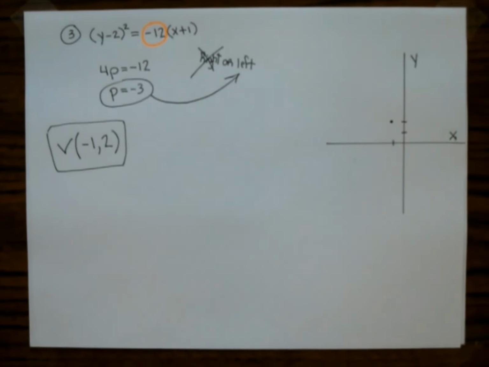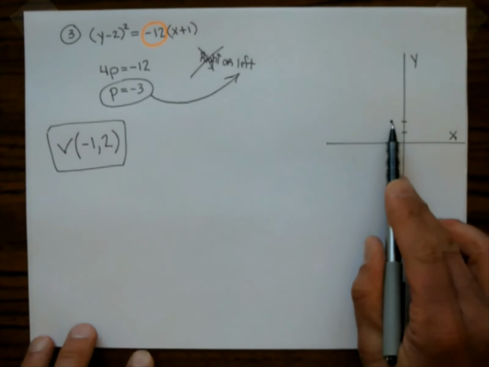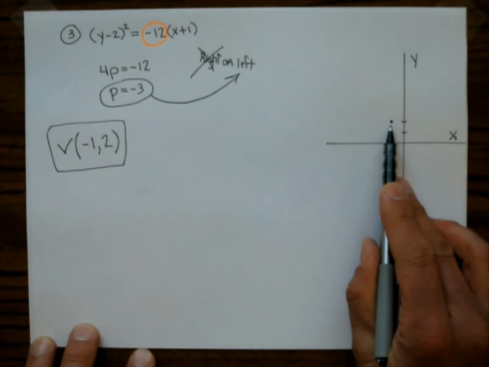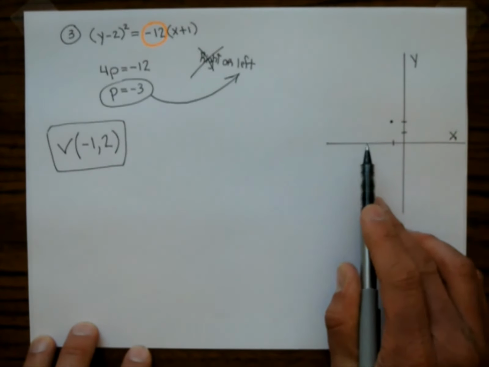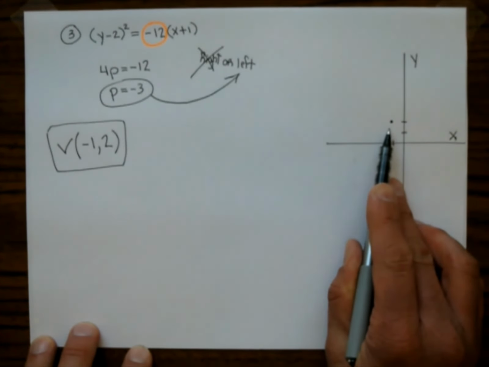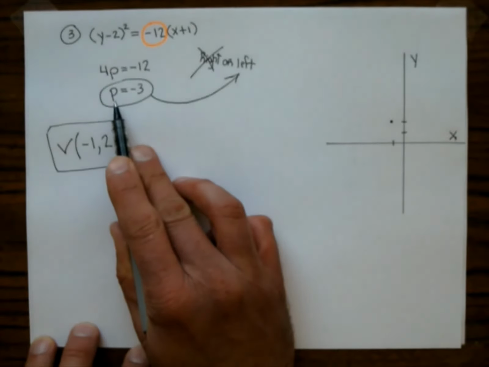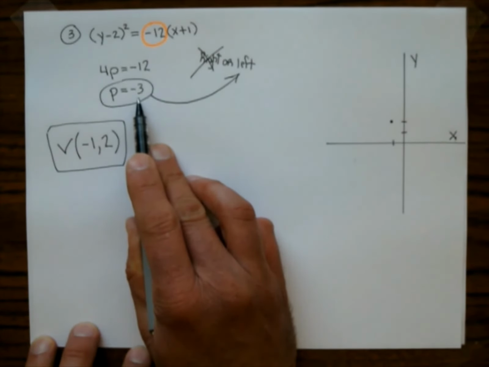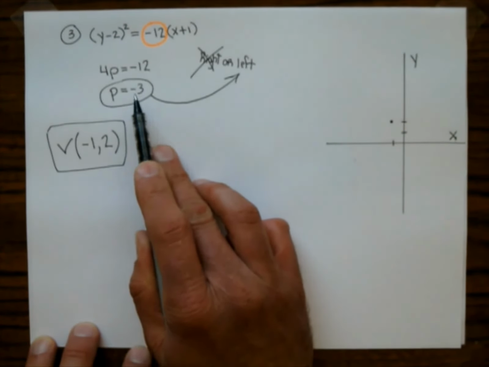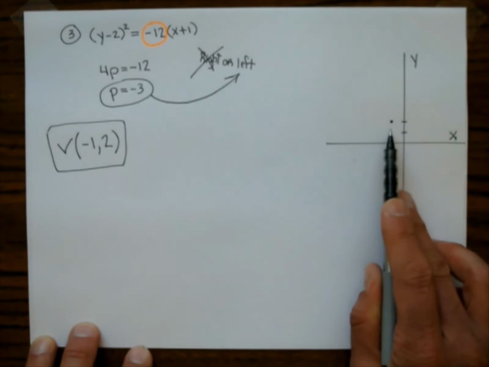There's the vertex. Okay, so now I'm going to use this. The vertex is sort of the center at the beginning of what we're finding. We're going to use this to find other things, and we're also going to use this p equals negative 3. In fact, that's where I'm going to go next. P equals negative 3 is the directed distance from here to the focus.